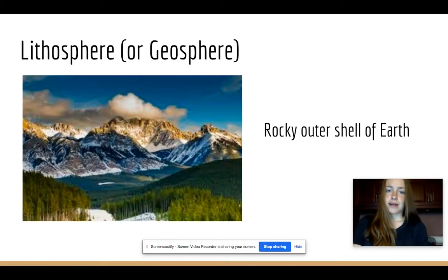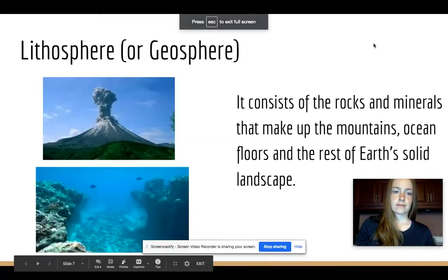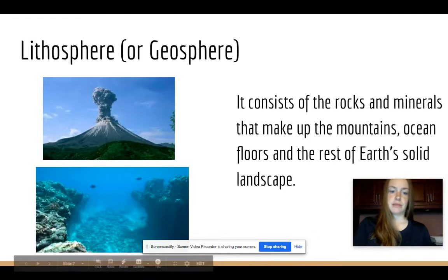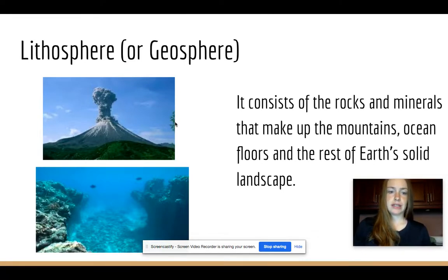Okay, next we have the lithosphere. This layer is a lot thinner than the atmosphere. This one is only up to 150 kilometers in thickness, and it's the rocky outer shell of Earth. The lithosphere consists of the rocks and mountains that make up the mountains, ocean floors, and the rest of Earth's solid landscape.